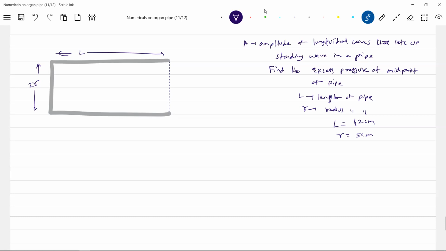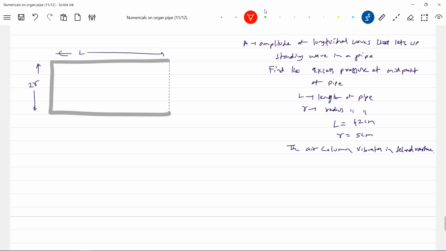Now, what is the air column? It vibrates in the second overtone. How to do? So directly, let me jump into the second overtone. What shall we do?